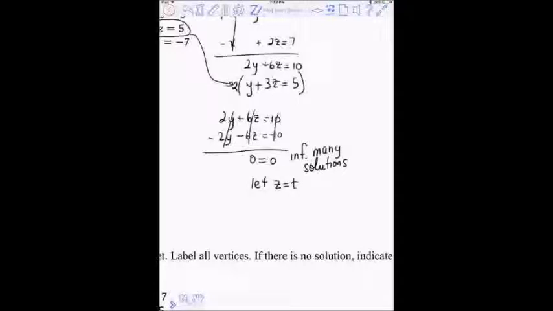So if I go back up a step, here I've got this equation in terms of y. So if I use that equation, y plus 3, instead of y plus 3z, I'm going to call it y plus 3t equals 5. And then if you move the 3t over and subtract, you're going to have negative 3t plus 5.